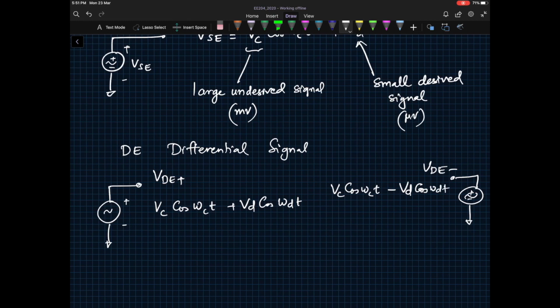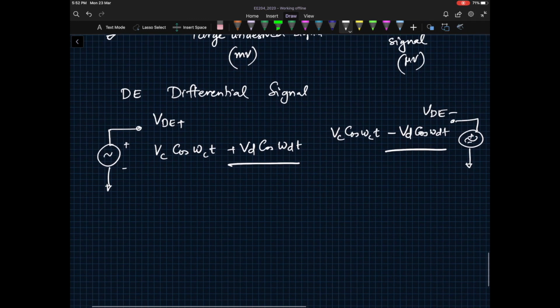Now you can pretty much tell that when I look at the voltage between VDE plus and VDE minus, VC cos omega CT is a common term and it gets subtracted out, but VD cos omega dt is positive on one side and negative on the other. So when you look at the difference between the two, that would go through.